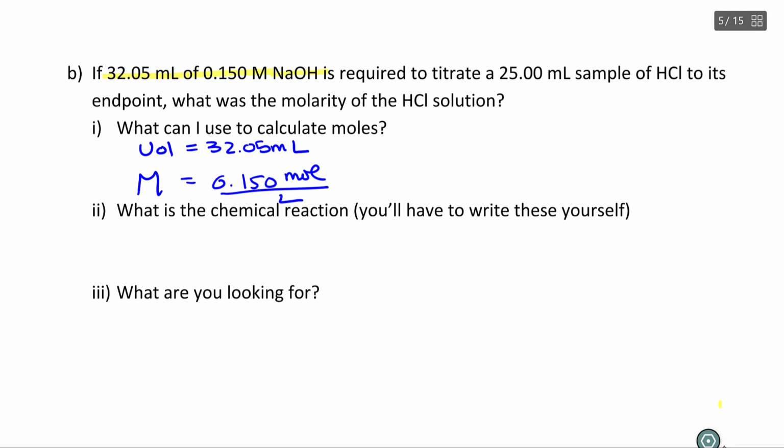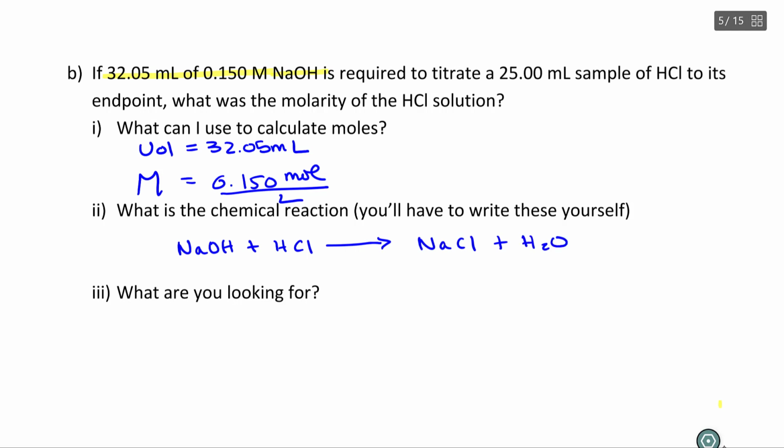What is the chemical reaction? Then you have NaOH and HCl. So NaOH plus HCl, and this is an acid-base reaction, so you'll figure out what the ions are, and what you'll come up with is NaCl plus H2O.